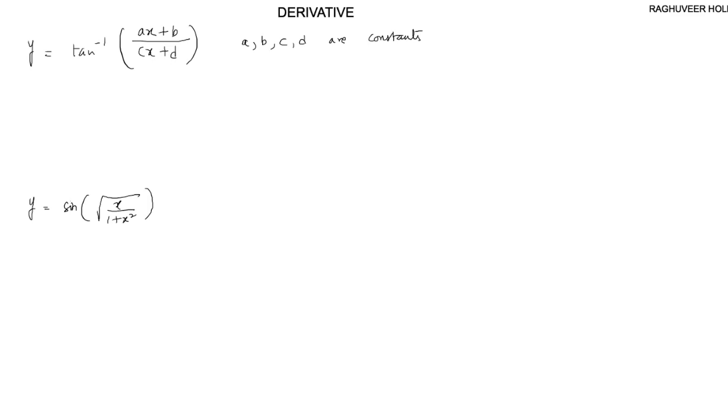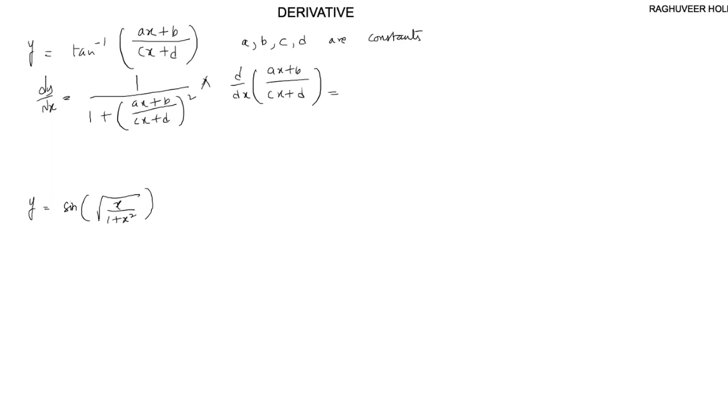So dy by dx would be 1 by 1 plus ((ax + b) by (cx + d)) whole square, and d by dx of (ax + b) by (cx + d). Right, now this is equal to the differentiation of (ax + b) by (cx + d).